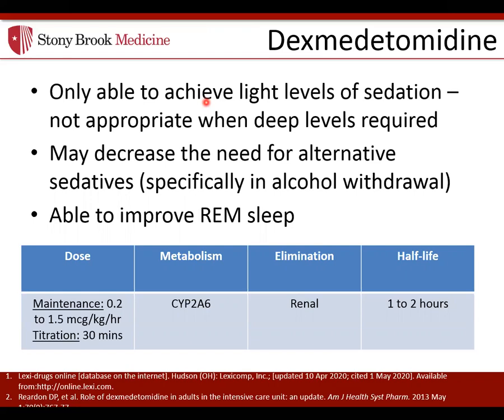Dexmedetomidine is administered as a continuous infusion at 0.2 to 1.5 micrograms per kg per hour. It should not be administered as a bolus because of the risk of hypotension, since it still carries alpha-1 agonist properties, and it's readily titratable. But its duration can be prolonged in patients who are elderly and have hepatic impairment.